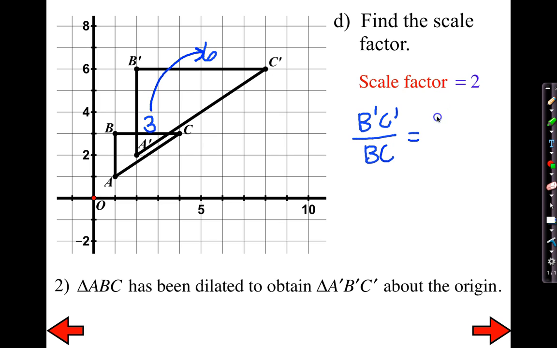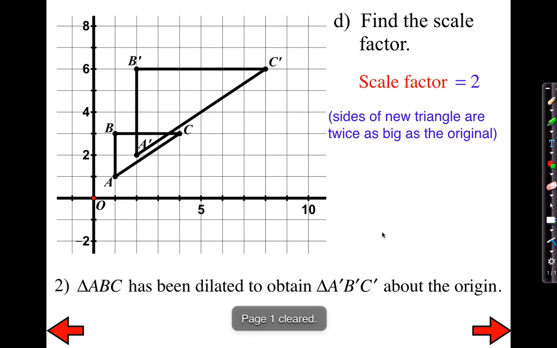So B prime C prime is 6 and BC is 3, which gives you 2. Okay, so there's multiple ways of getting the scale factor. So the sides of the new triangle are twice as big as the original. For example, this length was 2, it doubled to 4 after the dilation. BC was 3, after the dilation it doubled to 6.